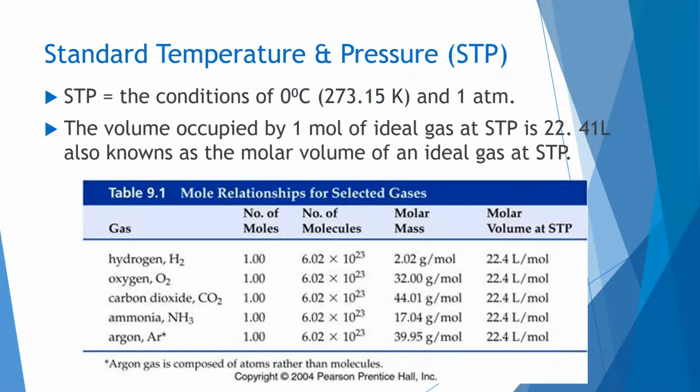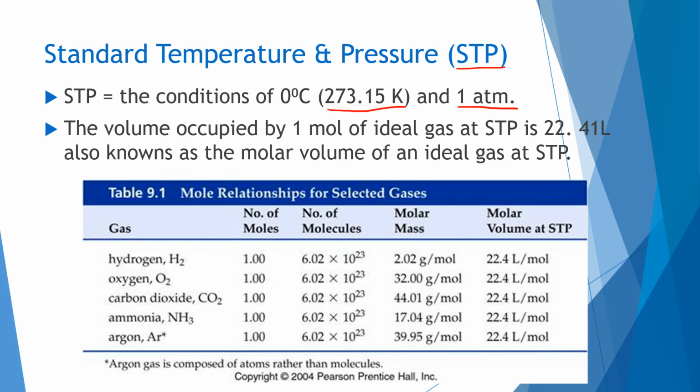The last thing I want to talk about with ideal gas law is something called standard temperature and pressure. So that's what STP stands for. If you ever see a problem that says you have a gas at STP, you are always going to plug in the following numbers for those variables. For the temperature, you're always going to plug in 273.15. And for the pressure, you're always going to plug in 1 atm.